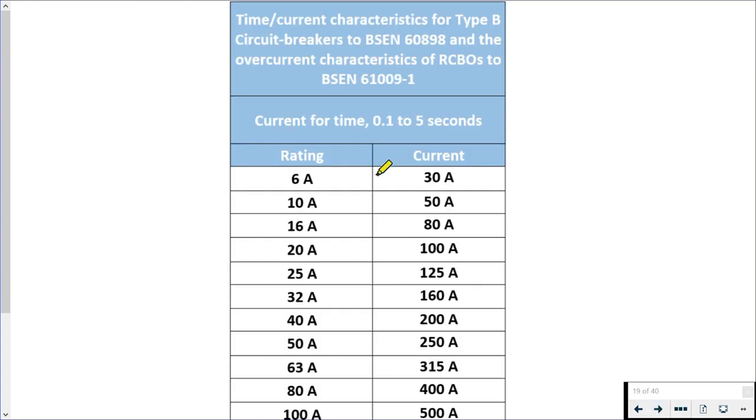Looking at the table, it's a 20 amp type B MCB, therefore the operating current is 100 amperes, 5 times the rating. Remember, type B circuit breakers is 5 times, type C 10 times, type D 20 times for the 0.4 of a second, but for the 5 seconds it's 10 times, so it's got the same time current characteristics as the type C device.